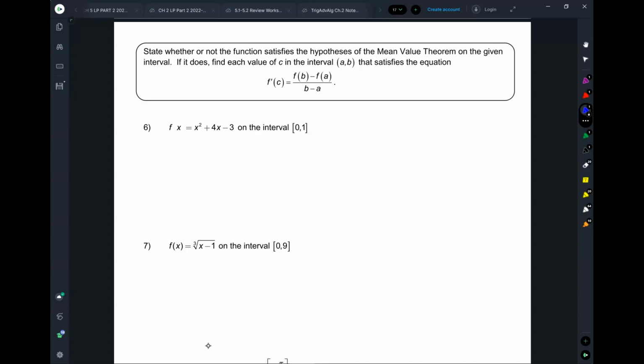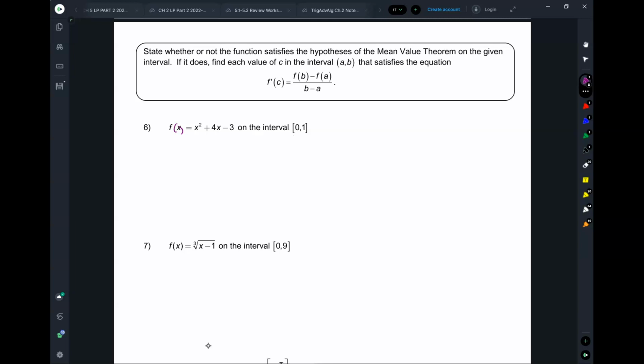Some people had forgotten to do that on the final, and so they found points for one of the problems that didn't qualify. So that's number one. On the interval 0 to 1, is there a point where the derivative... to satisfy the mean value theorem, it has to be continuous and differentiable on the interval.